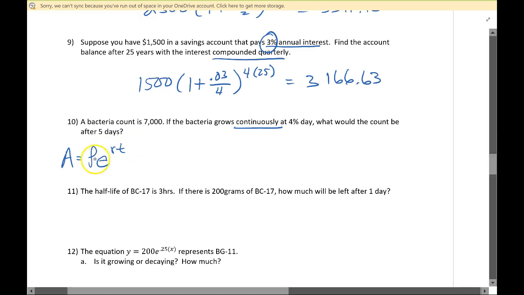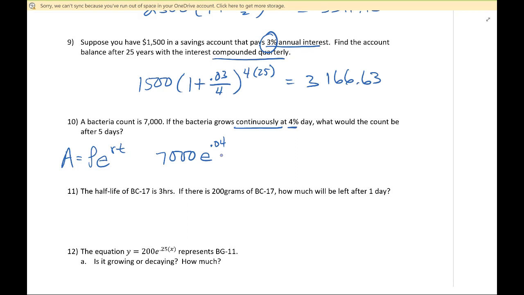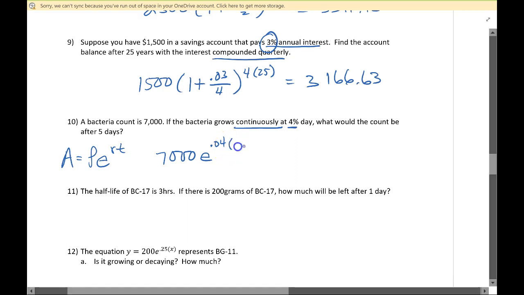All right, so P is still the initial amount, and so the initial amount was 7,000 times e, and our interest rate is still in decimal form, so 4% a day, you're going to convert to 0.04. You don't have to worry about adding it to 1 or anything else, just put the R value up there, 0.04, and then T still represents time, and so time was 5 days, so we put a 5 in, and then we calculate that in our calculators, and we should get 8,549.82.